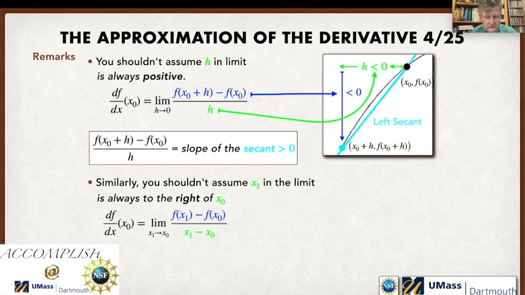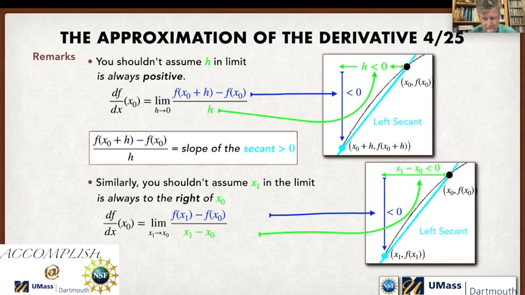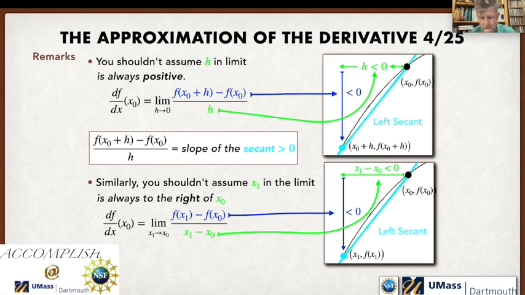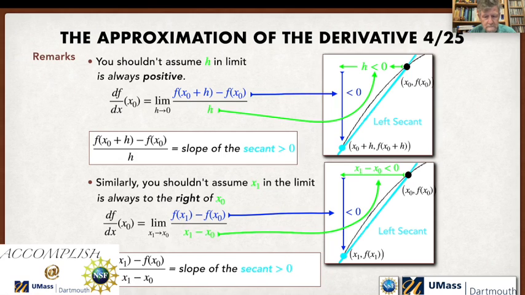Now, you can also express this in terms of x1 and x0 if you wish. So here's the corresponding figure. And again, of course, this ratio is turning out to be positive in this situation.